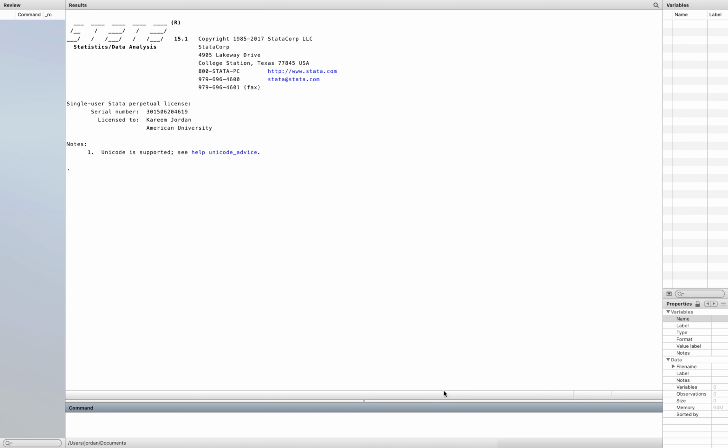Depending on how your count is measured and the assumptions that go in there, that's going to determine the type of count model that you run. I will focus tonight on negative binomial, and I'll tell you in the next video the different conditions and assumptions that go into each count model. But for right now, a negative binomial regression is what we're going to go over.